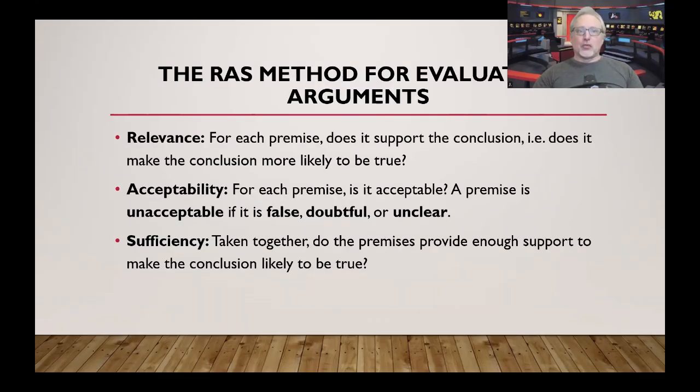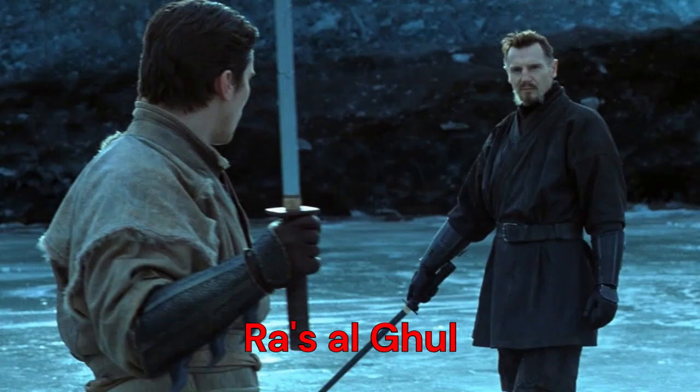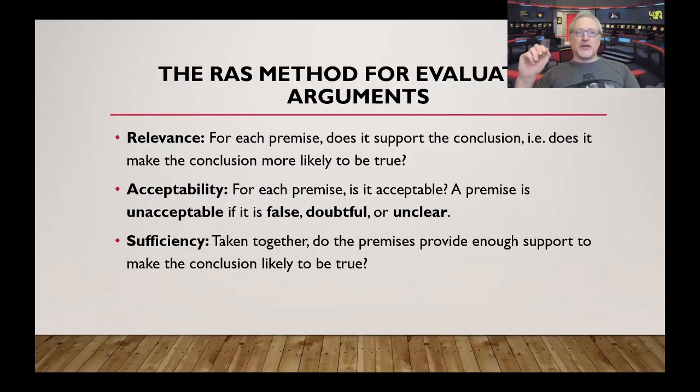This is the Ross model of argument, named after Batman Begins villain Ra's al Ghul. No, not really. It's Ross, R-A-S, which is short for relevance, acceptability, and sufficiency.